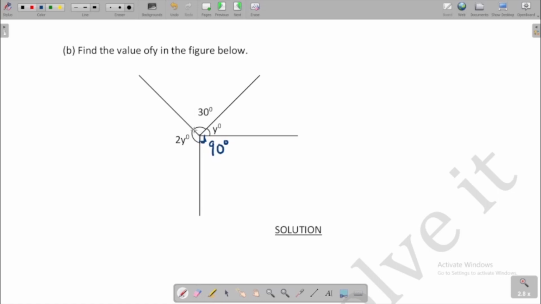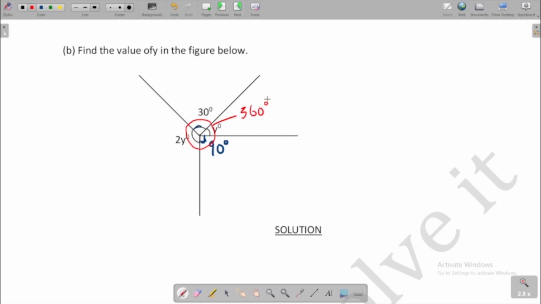The second thing we have to understand is the angle at a point. If you draw this like this, the total angle we have here is 360 degrees.